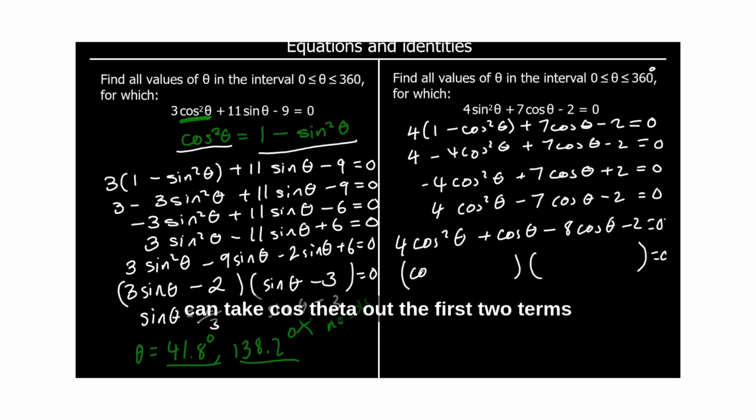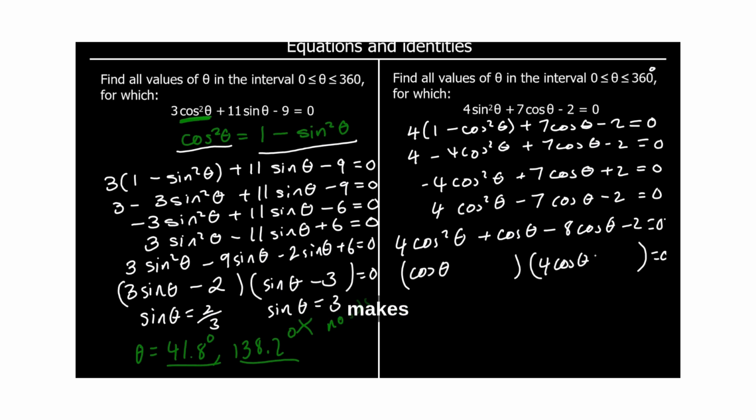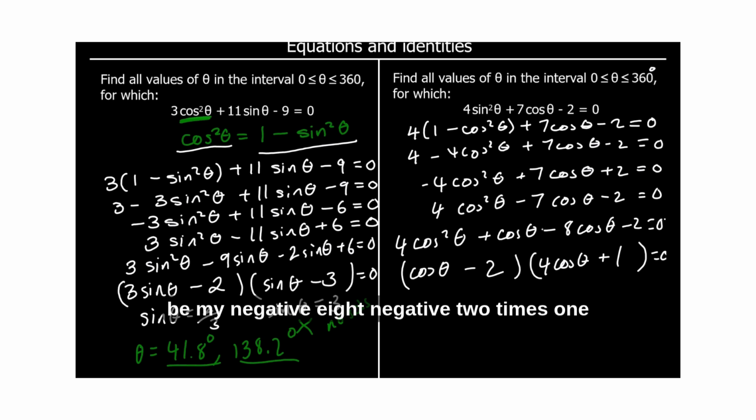I can take cos theta out of the first two terms. Cos theta times 4 cos theta makes 4 cos squared theta. Cos theta times 1 is cos theta. And then negative 2 times 4 will be my negative 8. Negative 2 times 1 is negative 2.